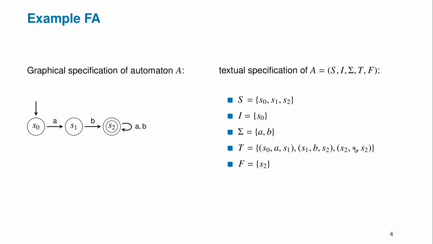This I denoted here with a star, which is a placeholder for saying any element of the alphabet can be plugged in here. And finally we have one final state, which is S2, and this is denoted by this double circle which we have here.